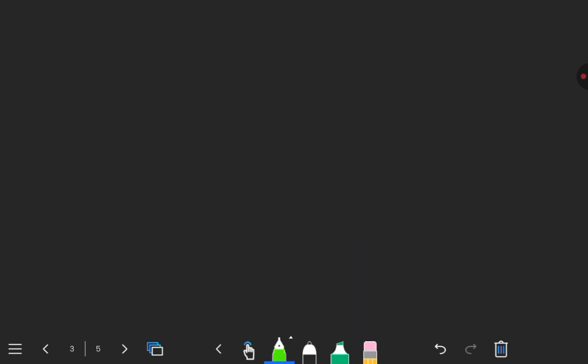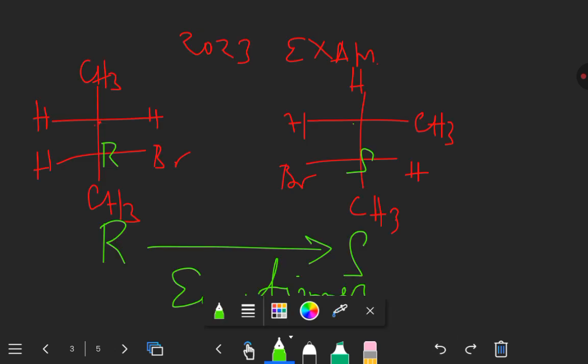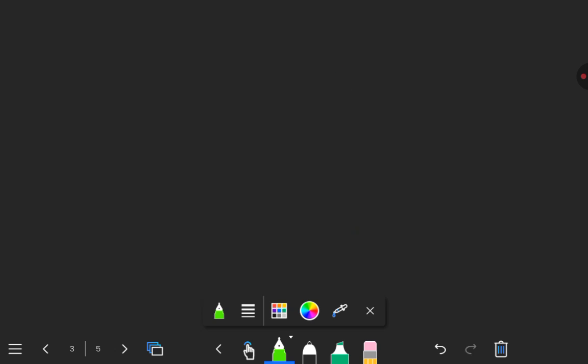Alright, let's look at another question from this 2023 exam. That was the first part, that is question number 2. So we have these molecules.